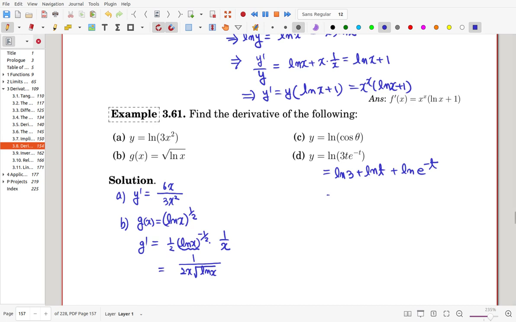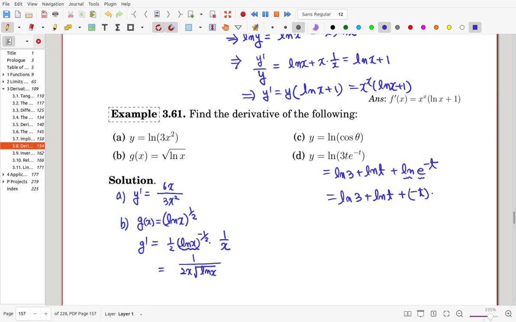Now that is the same as natural logarithm of 3 plus natural logarithm of t, plus, here the minus t will go out, and then logarithm e will be 1, right?